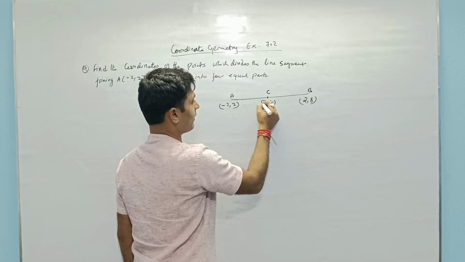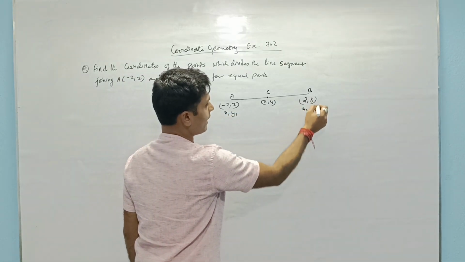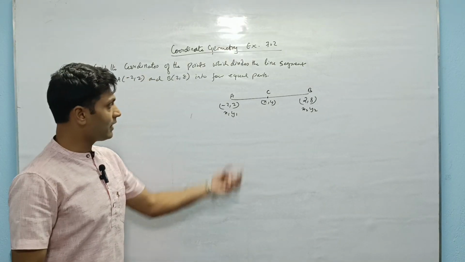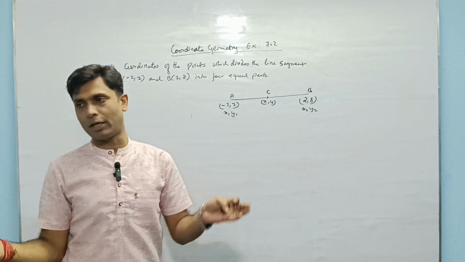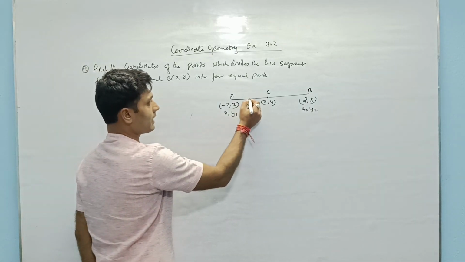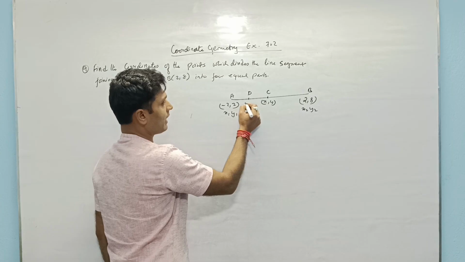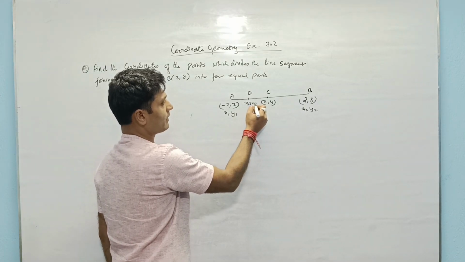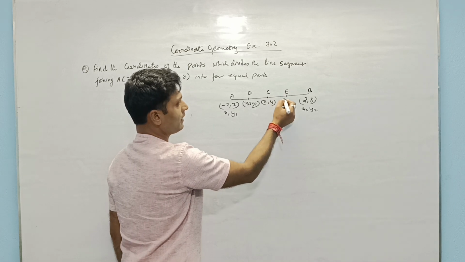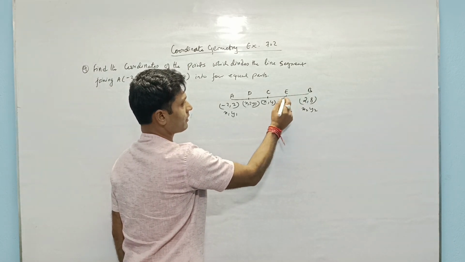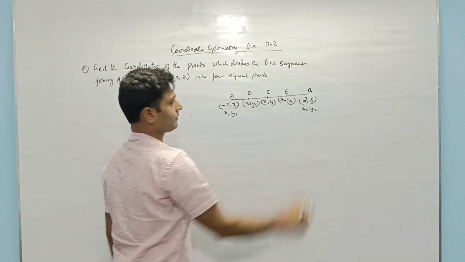So we'll mark this as C. This is x comma y. We'll mark x1 y1, x2 y2. Further, this AC and CB are again divided into 2 more equal parts. Okay, AC will be divided by, let's say, D, and we'll mark it as x3 y3, and CB will be divided by, let's say, E, and this will be x4 y4.